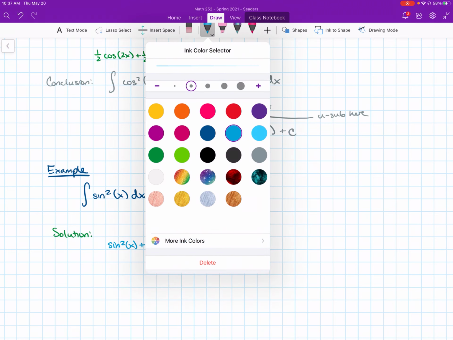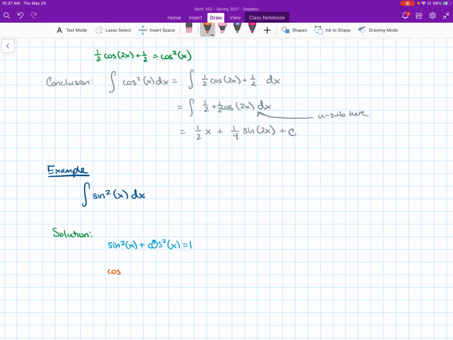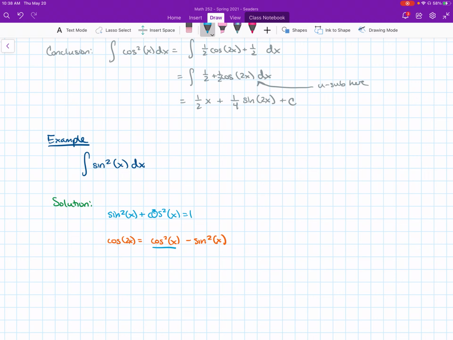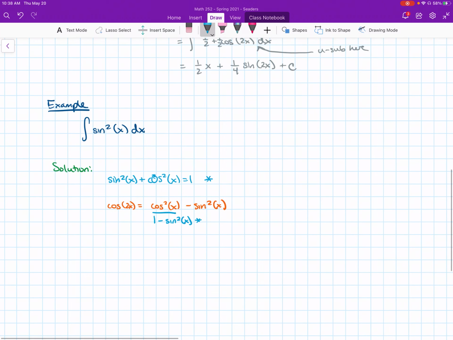And I'll also use cosine of 2x is equal to cosine squared of x minus sine squared of x. Only this time I'll replace the cosine squared here with 1 minus sine squared of x, using the first identity.